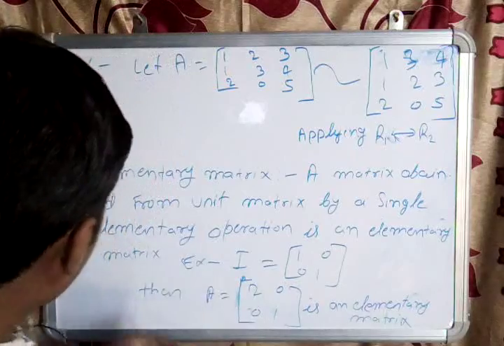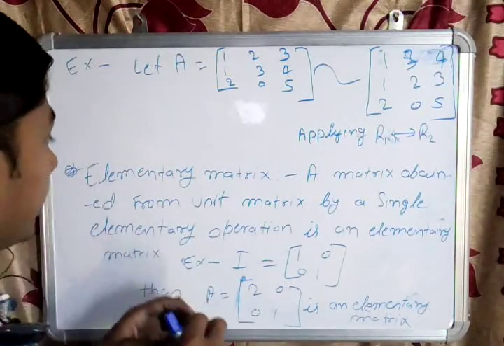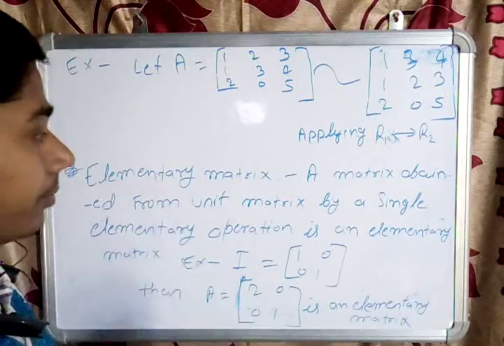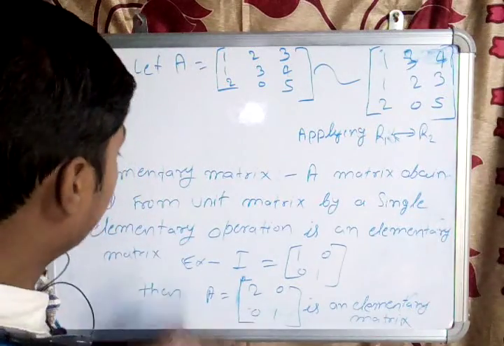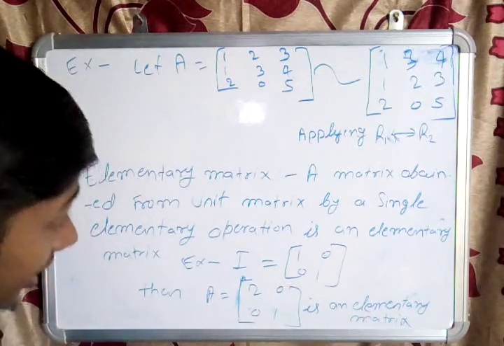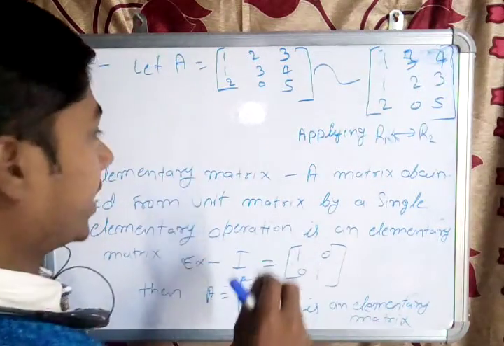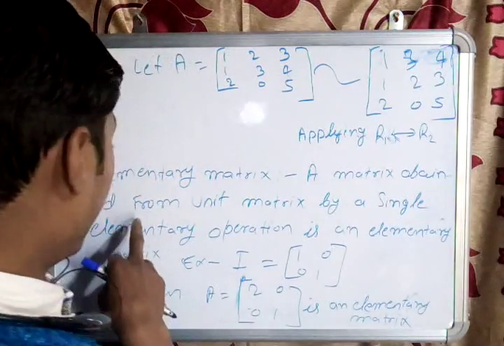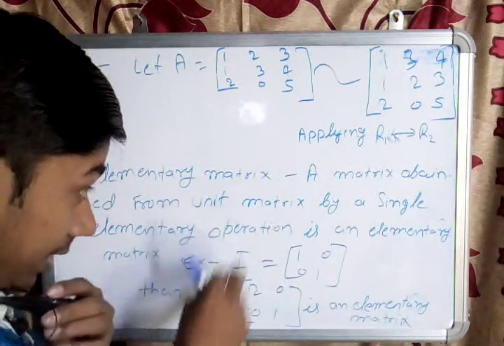And next, elementary matrix. Definition of elementary matrix: a matrix obtained from a unit matrix.